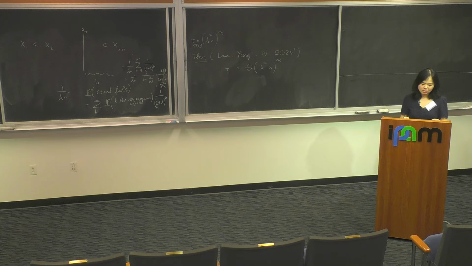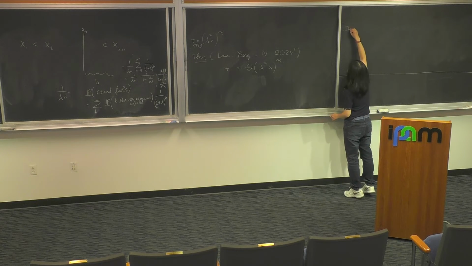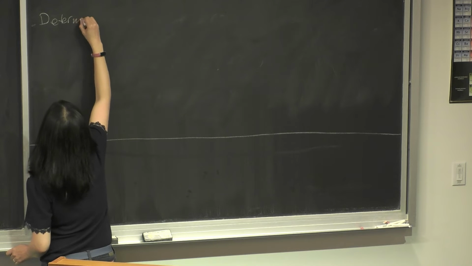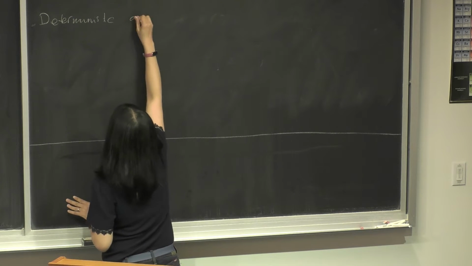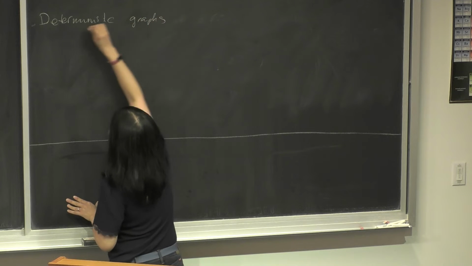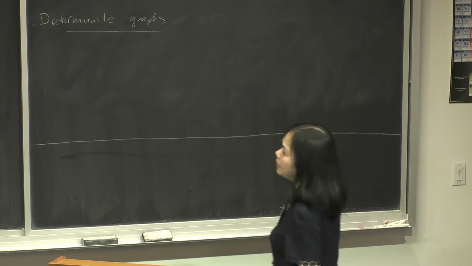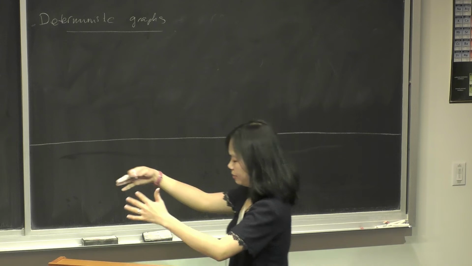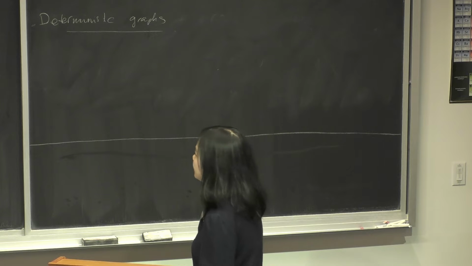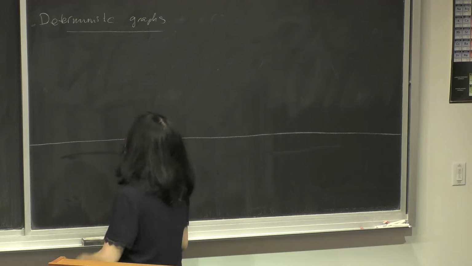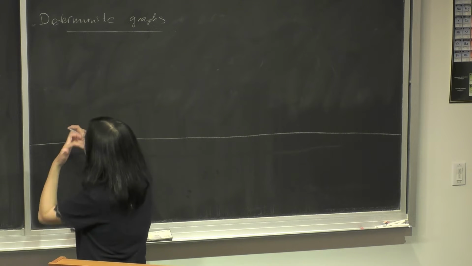I want to talk a little bit about deterministic large graphs, and then I want to move on to talk about random graphs. So here is some very general bound, for deterministic large graphs, or just any graph. What do we know about epidemics if I give you a deterministic graph, is there anything that we can say about the processes?